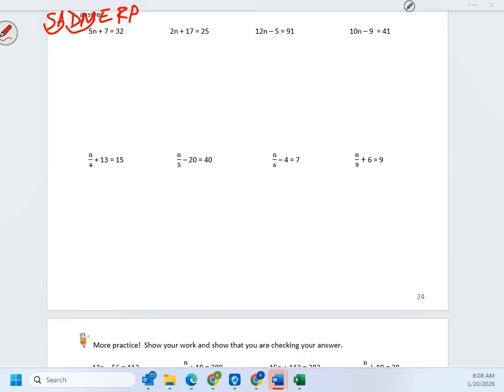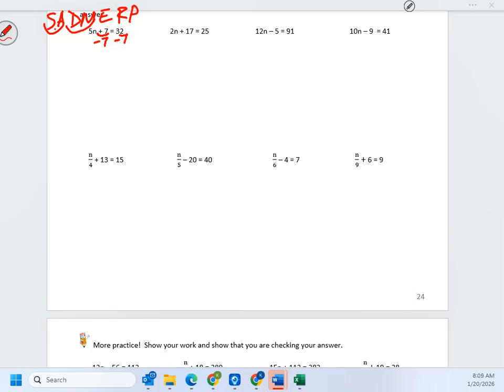So if we look at this, we need to look for any subtraction or addition. Haley saw that addition with that plus 7. So that means we have to subtract 7 from both sides. So plus 7 minus 7, 32 minus 7.